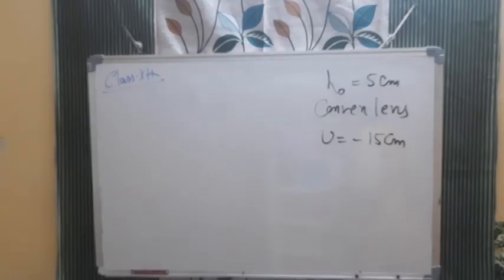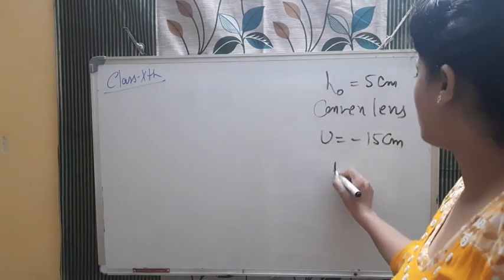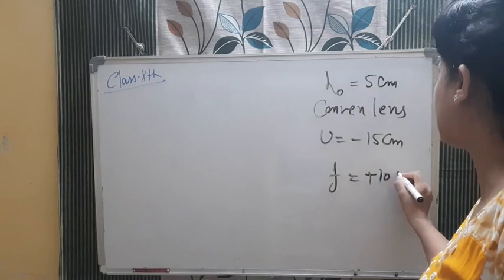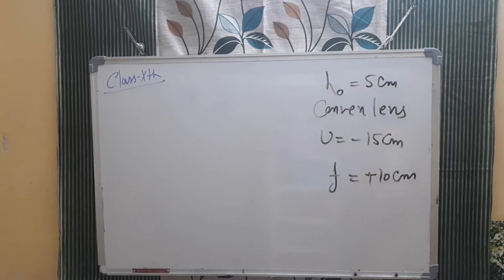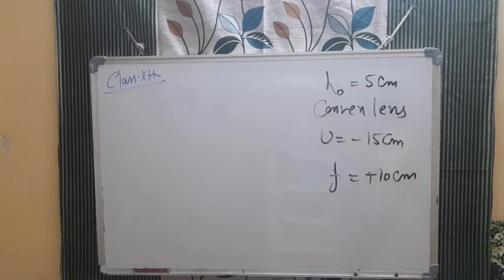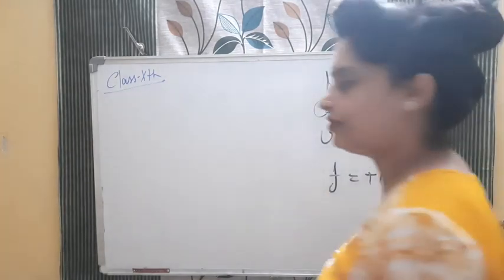The convex lens is of focal length plus 10 centimeter. This is given. And the question is find the position, nature and height of the image. So again I am repeating the question: if an object of 5 centimeter height is placed at a distance of 15 centimeter from a convex lens of focal length 10 centimeter, find the position, nature and height of the image.